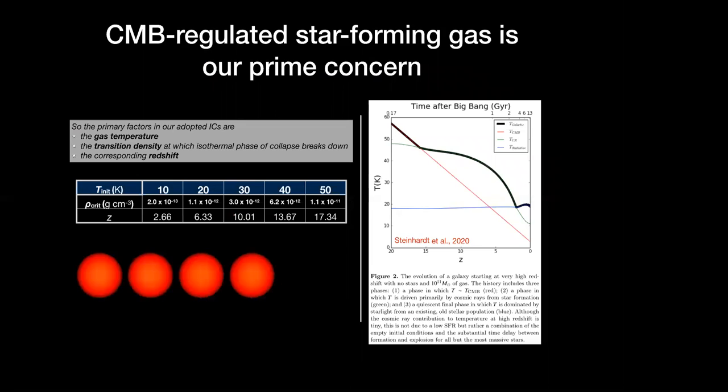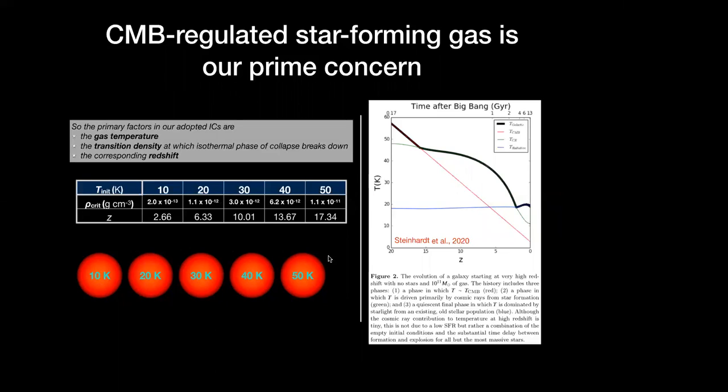So over here, again, the model setup: we consider 5 spheres, each representing a specific temperature, 10, 20, 30, 40, 50 Kelvin. And these temperatures represent the CMB contribution.